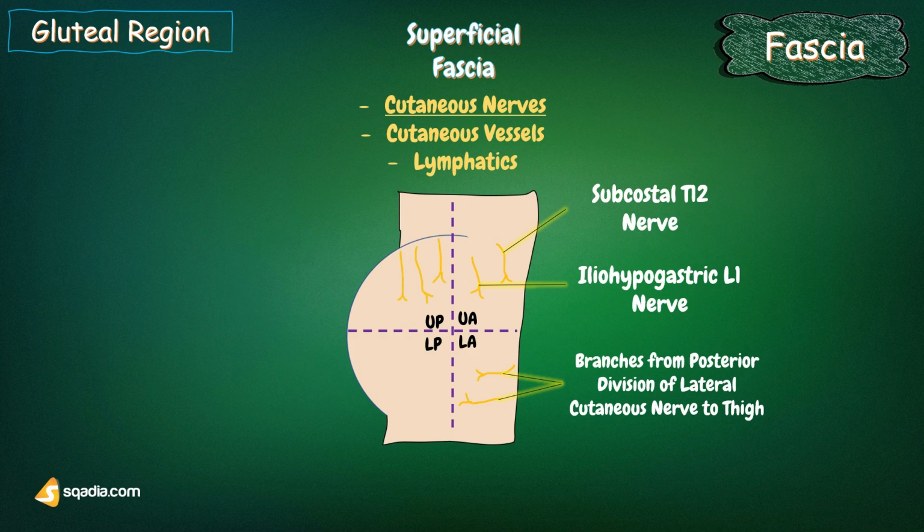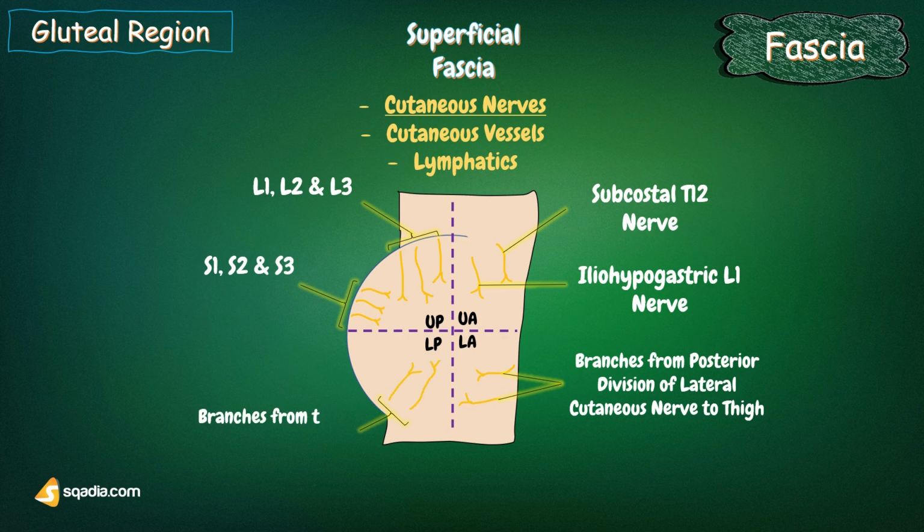On the other hand, the upper posterior part is supplied by the posterior primary rami of spinal nerves L1, 2, 3, and S1, 2, 3. Lastly, the lower posterior part is supplied by branches from the posterior cutaneous nerve of the thigh and the perforating cutaneous nerve.